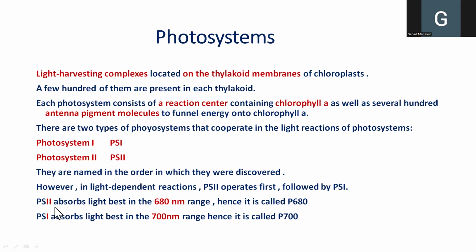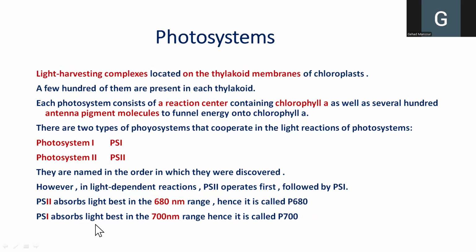Because every one of them is capable of absorbing a certain wavelength. For example, photosystem 2 will absorb light in the range of 680 nanometers. Nano means 10 to the power minus 9. That's why photosystem 2 is called photosystem 680.